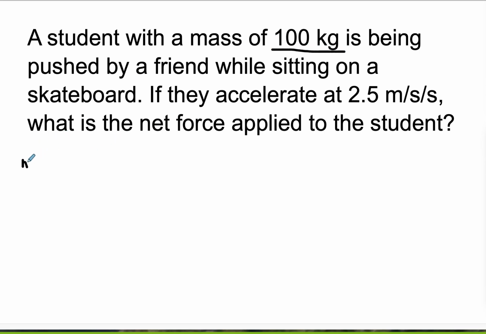So the mass of the student is going to be 100, and the acceleration is 2.5 meters per second every second, or they're getting 2.5 meters per second faster every second, 2.5 meters per second squared.